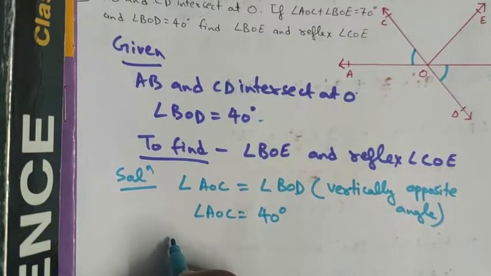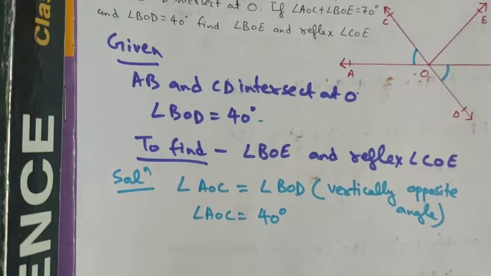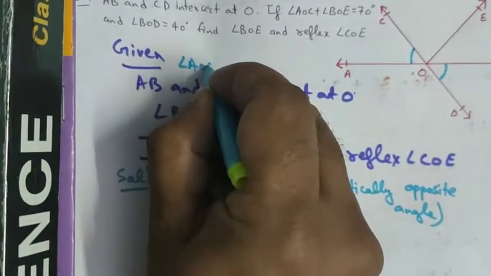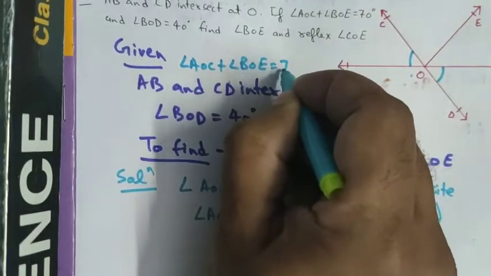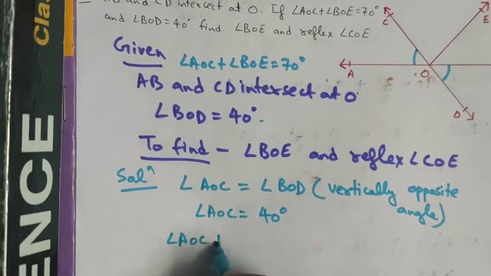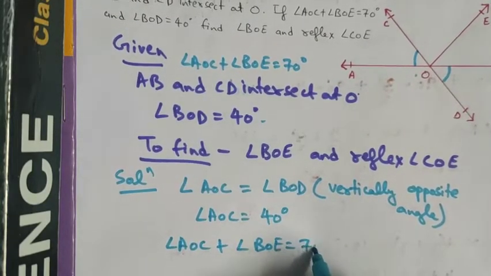And in the second statement, what else is given? One more thing is given to us, that is angle AOC plus angle BOE is equal to 70 degrees. So we'll write this: angle AOC plus angle BOE equals 70 degrees.